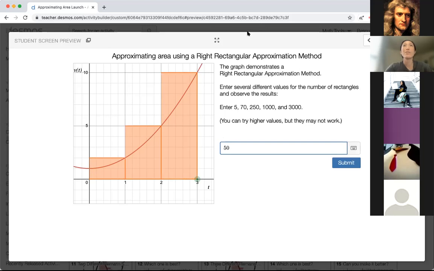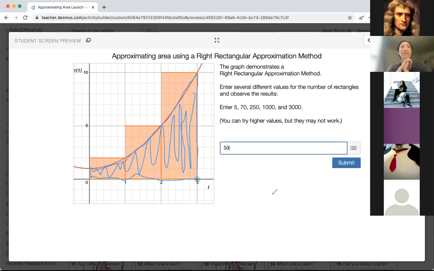If we think about the area that we are trying to find, we just want from here and down, well, we want this area.